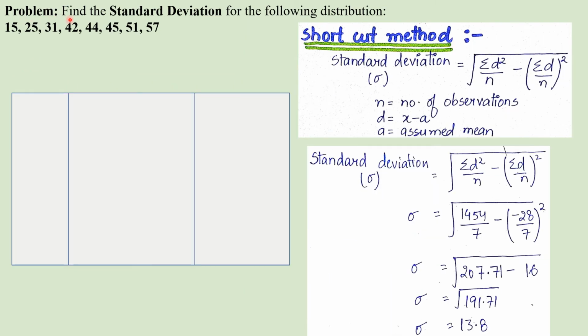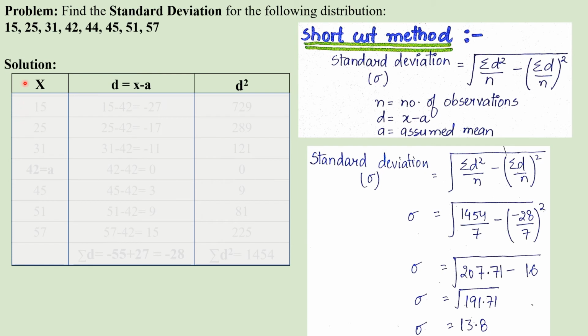Now solve the same problem on standard deviation by shortcut method. So the formula for calculating standard deviation by shortcut method is under root sigma d square upon n minus (sigma d upon n) whole square. Here n is number of observations, d is x minus a, and a is assumed mean.